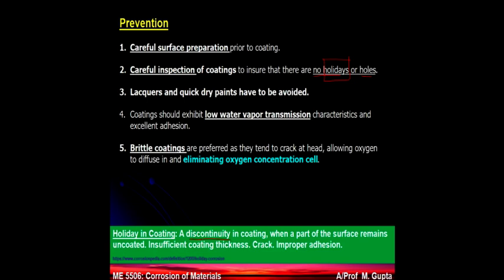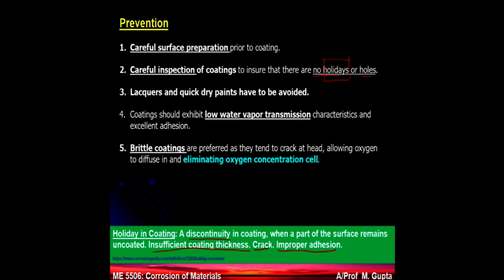That means the coating is not proper. Insufficient coating thickness, because that part is a weak part now. Presence of a crack, or the coating does not adhere properly. This is the meaning of a holiday. And most polymer coatings have pinholes and holes also, so that can also trigger filiform corrosion.